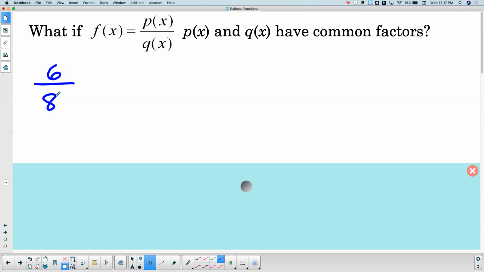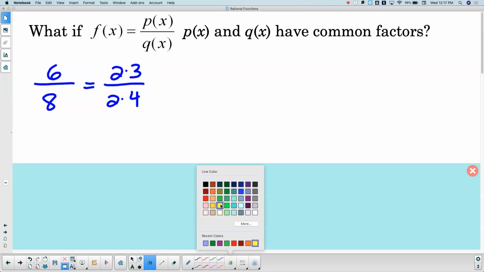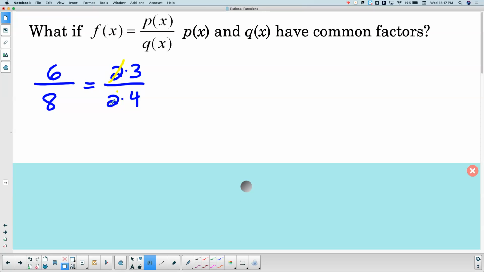Top and bottom both by 2. Okay, so this is really like 2 times 3 and 2 times 4, right? And then you factor out the 2's, and that leaves you with just 3/4, right? And then you would go from there, right?